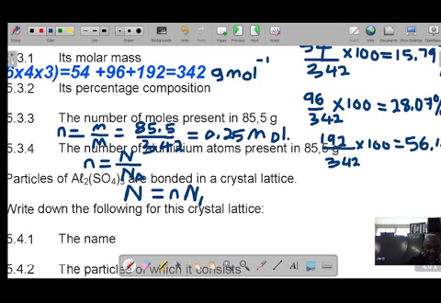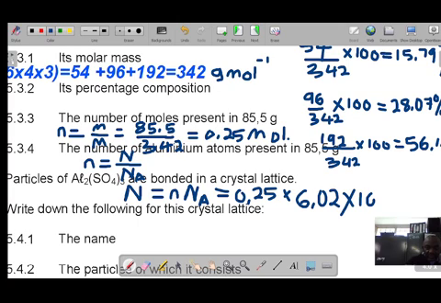If you check, my moles was 0.25, so it's going to be 0.25 multiplied by Avogadro's constant, that is 0.25 times 6.02 times 10 power 23.